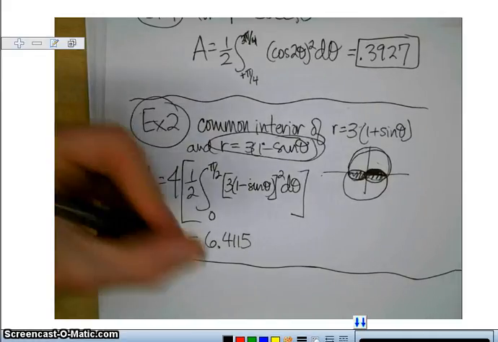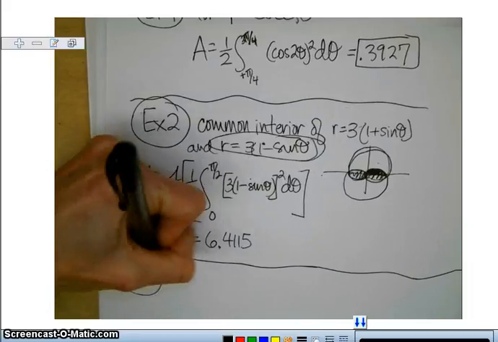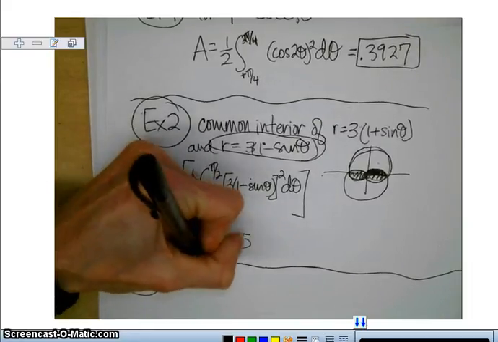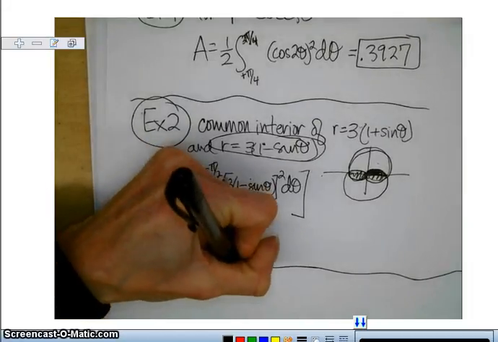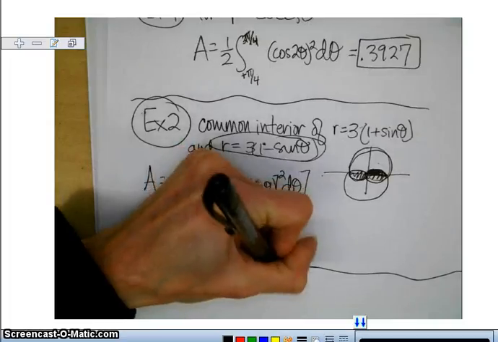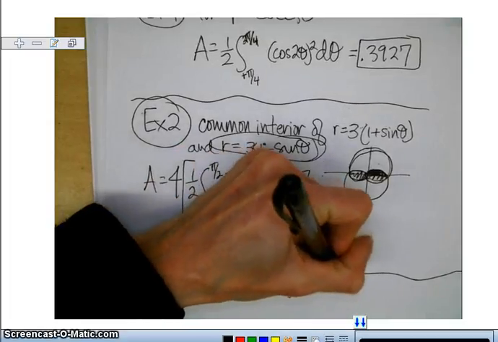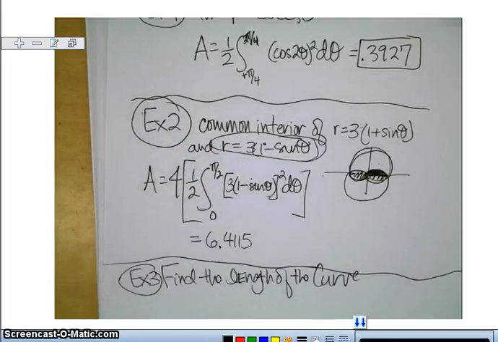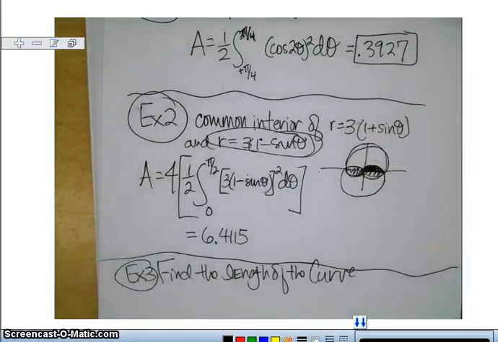Okay, so this example will be find the length of the curve. And these ones are a lot easier because they just say, hey, find the length of the curve and here's your interval. The area ones are the ones that are a little challenging.